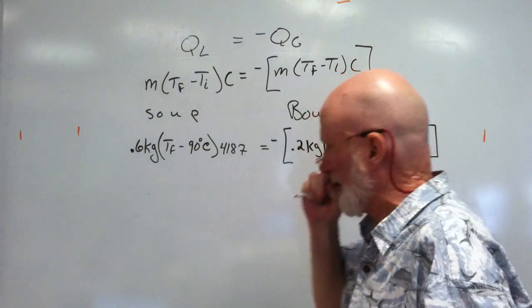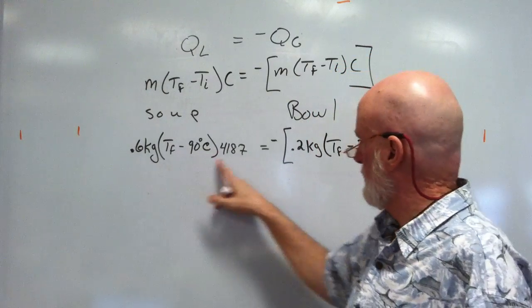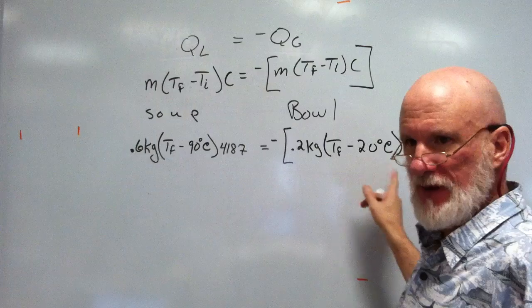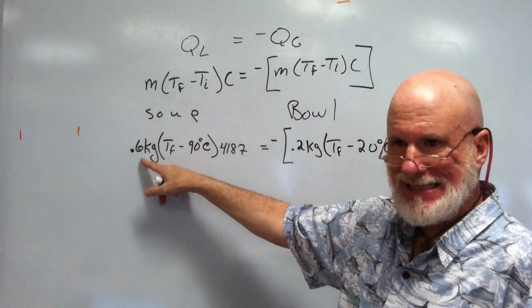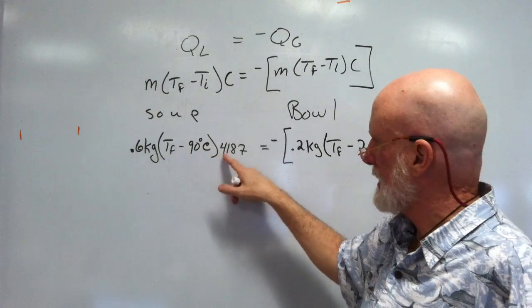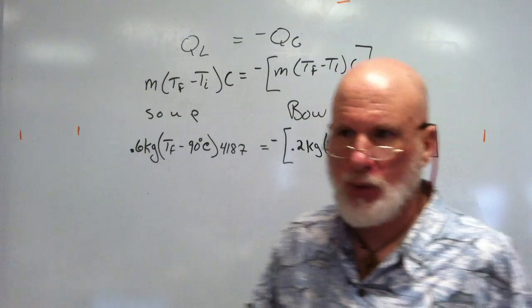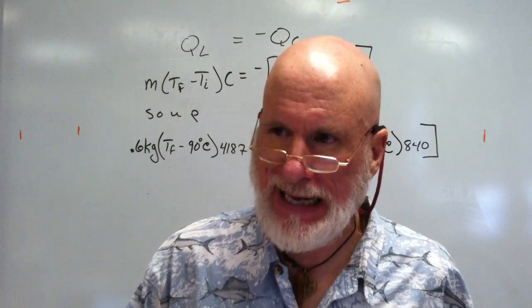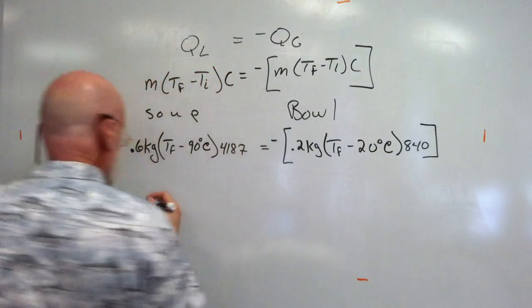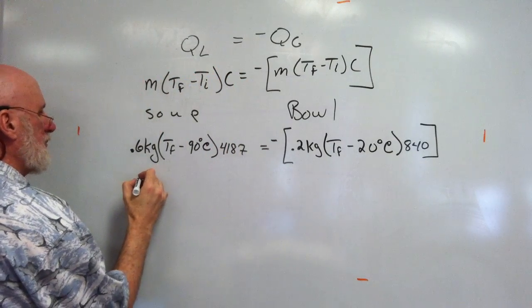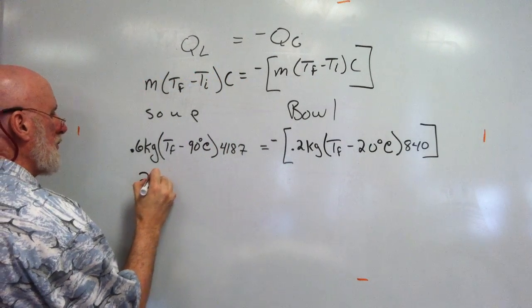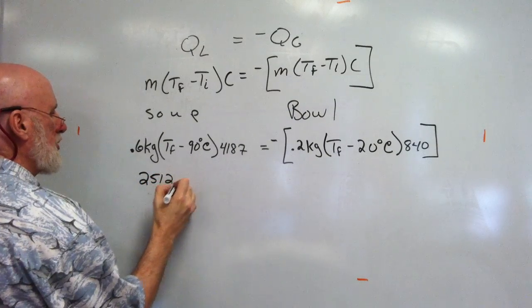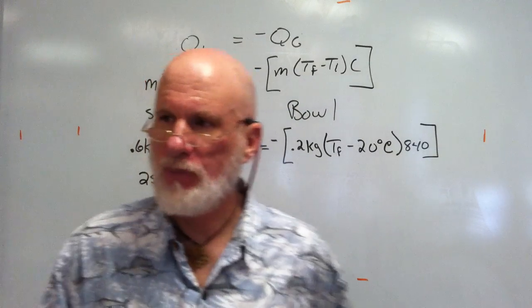All right, good. So let's simplify both sides. 0.6 times 4187 is 2,512.2.